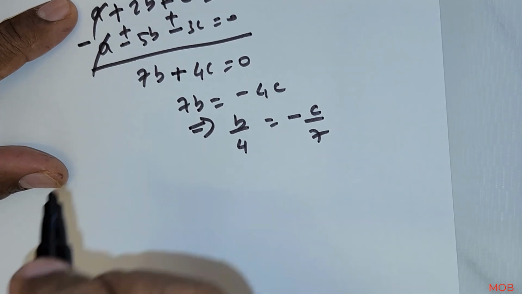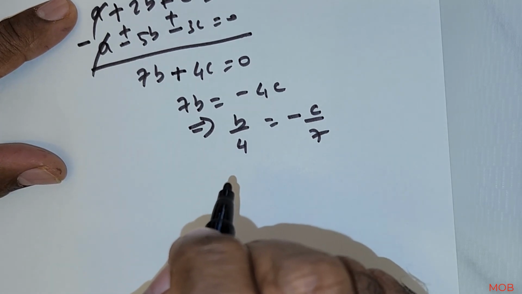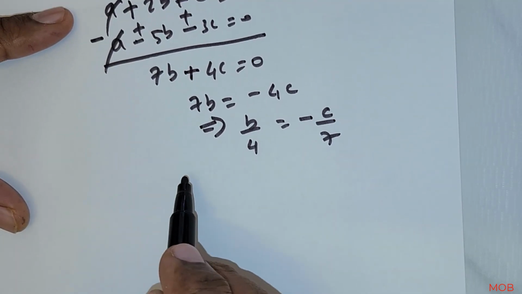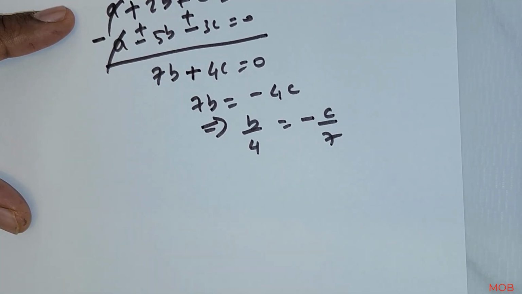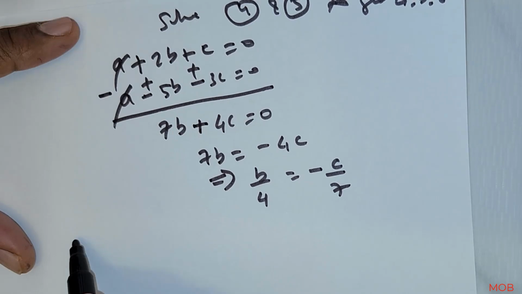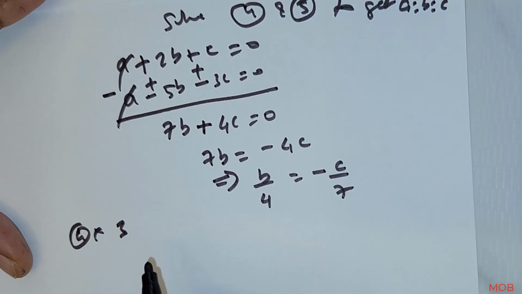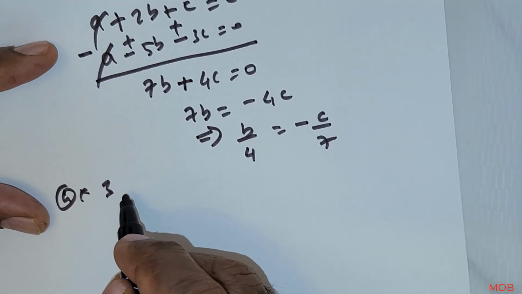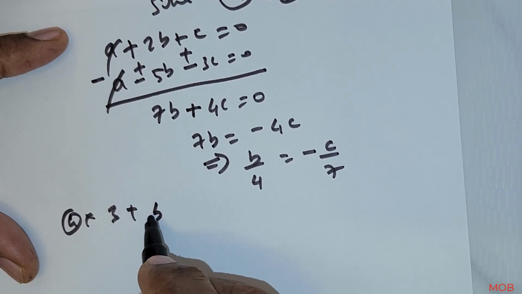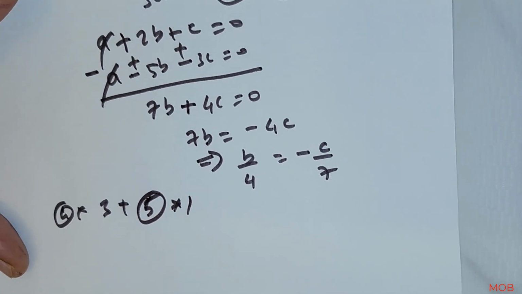So now you can use the same system and get rid of, say, c. So 4 multiplied with 3 is added with 5 multiplied with 1.